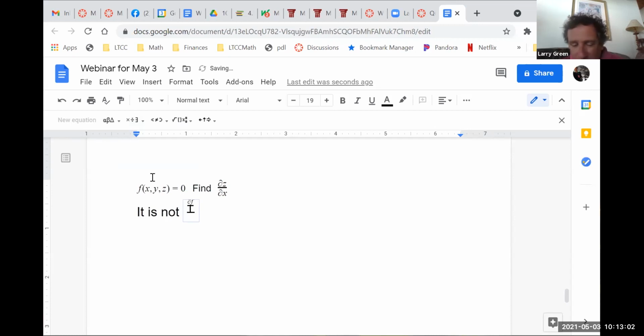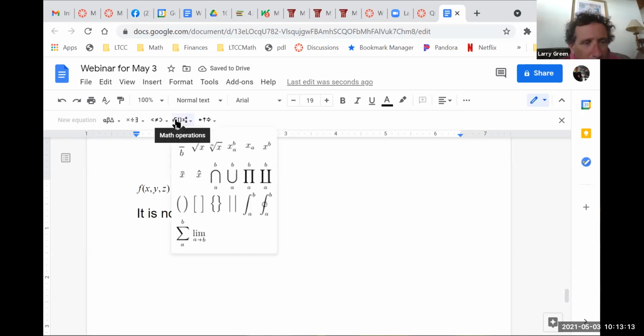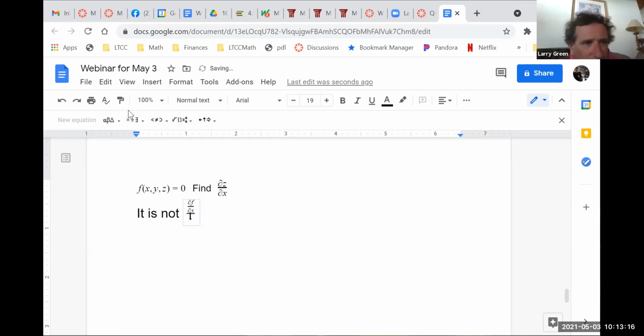Del f over del x over del f over del z looks good because the fractions work, doesn't it? If you multiply by the reciprocal, cancel the del f's, you get del z over del x. Isn't that beautiful? What's wrong with it?